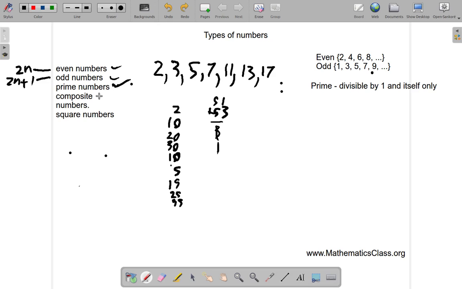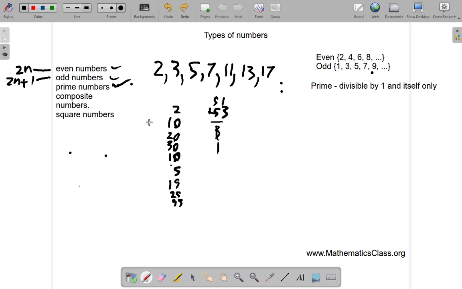Now, composite numbers. What are composite numbers? Well, it's really those numbers that are not prime numbers. You can divide those numbers by other numbers without leaving a remainder.